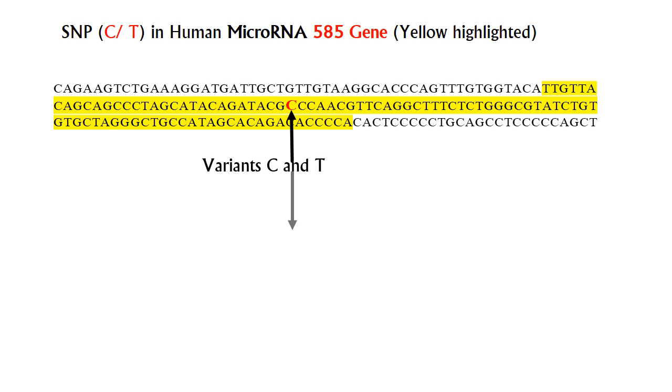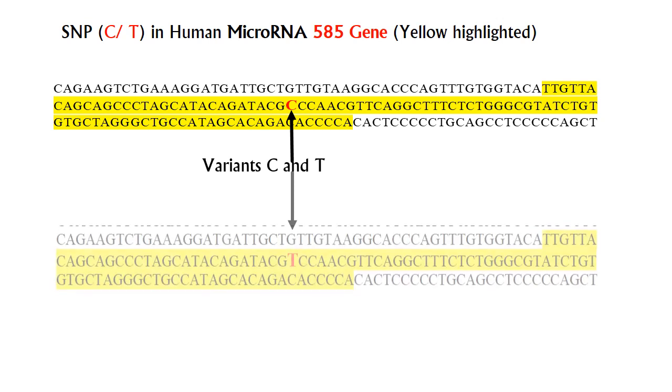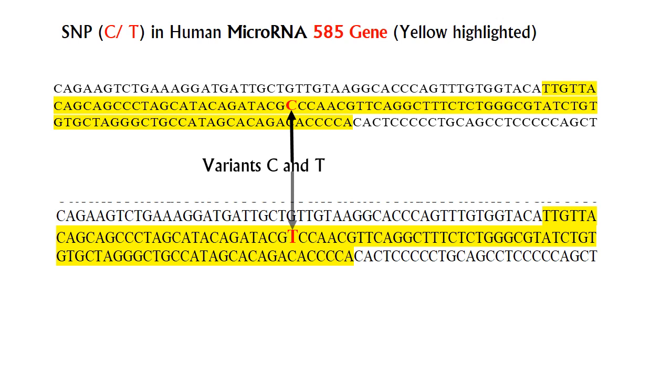The yellow region is composed of the gene. Now we can see that another individual has a T nucleotide at that specific point. So these two individuals have different nucleotides in the microRNA 585 gene.